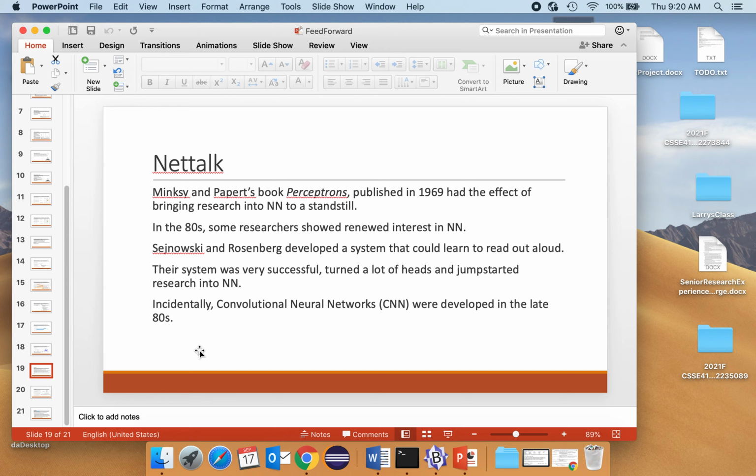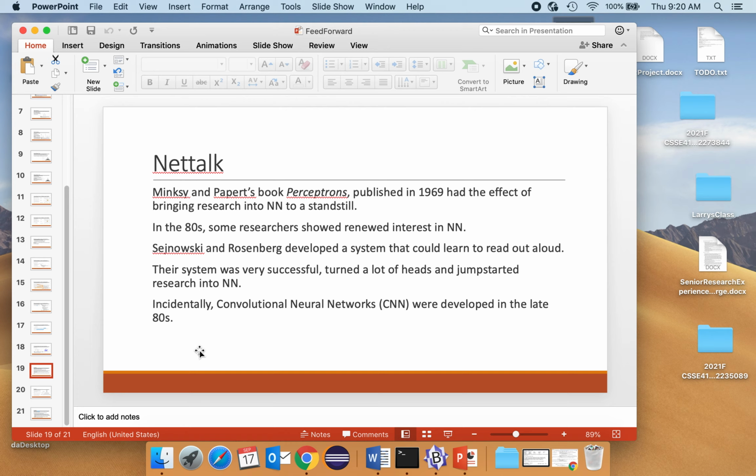Then in the 80s, some researchers showed renewed interest in neural networks, and they developed many of the network architectures that we use today. Terry Sejnowski and Charles Rosenberg developed a neural network system called NetTalk that really demonstrated to people that, wait a minute, these things are actually quite powerful, and maybe we should do some more work on them.